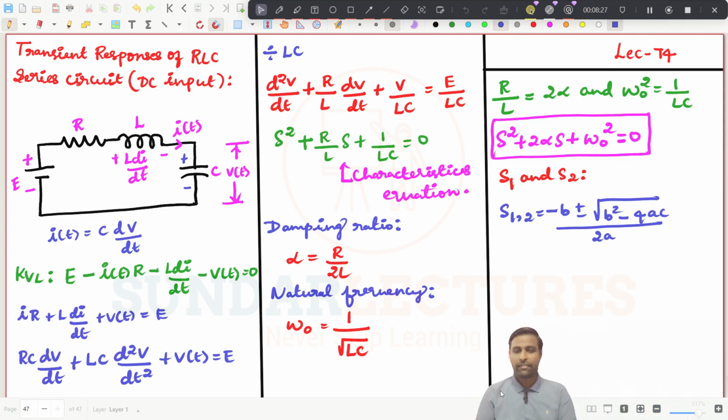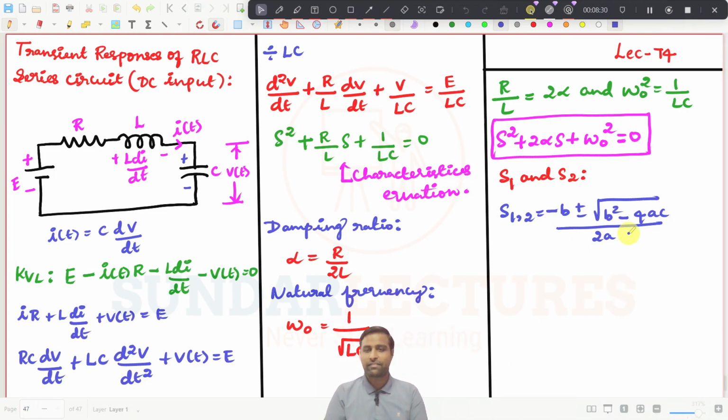We have already seen this. So what is A here? A is the coefficient of the S square term, which is 1. What is the B value? The coefficient of the S term, that is 2 alpha. And then what is the value of C?